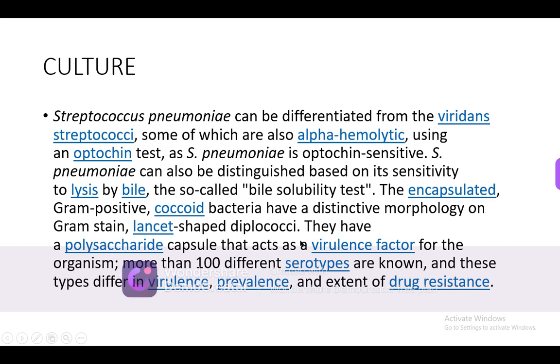If you remove the spleen, remember, then you are exposing the subject to three capsulated organisms which are very dangerous: gram-negative Haemophilus influenzae, gram-positive pneumococci, and gram-negative cocci, that is meningococci.